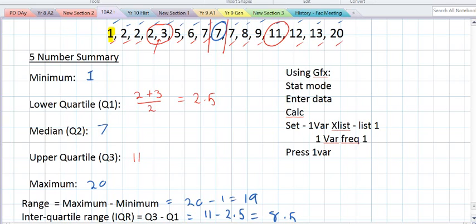The next row down should read 1 var frequency, and next to it should be number 1. If that's not the case, just change it to number 1. If that's all fine, hit exit. And you're back to the previous screen.